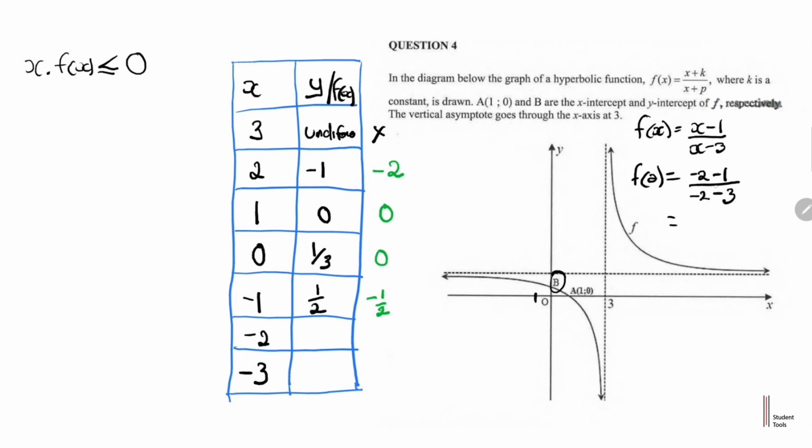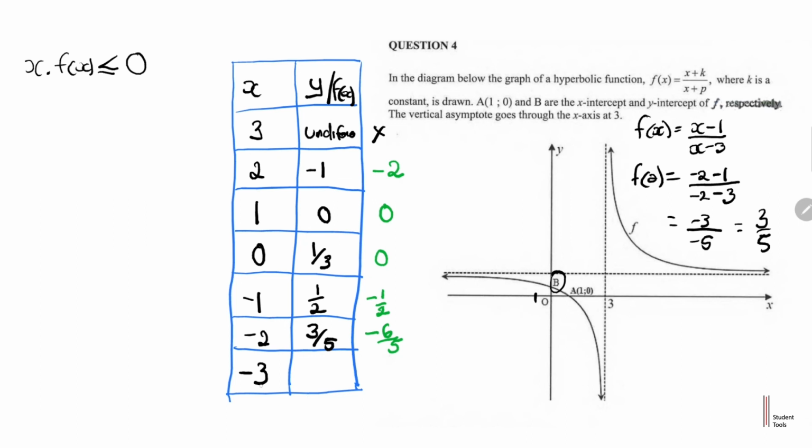So this is negative 2 minus 1, that's negative 3, over negative 2 minus 3, that's negative 5. Okay, so this is a positive 3 over 5. So here the y value of f of negative 2 is a positive 3 over 5. And when we multiply negative 2 and 3 over 5, which is x multiplied by f of x, we get negative 6 over 5.